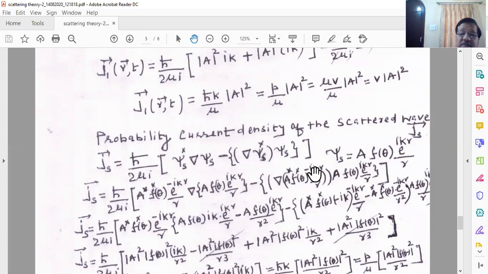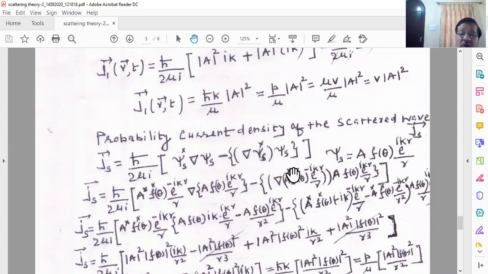Psi star, once again you take the complex conjugate of this scattered wave: A star f theta star e to the power of minus i k r over r, and the bracket is over.